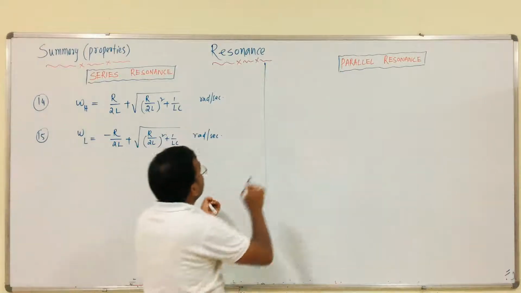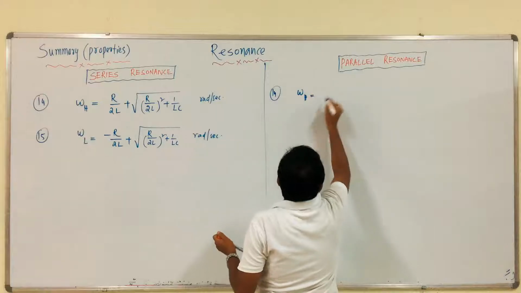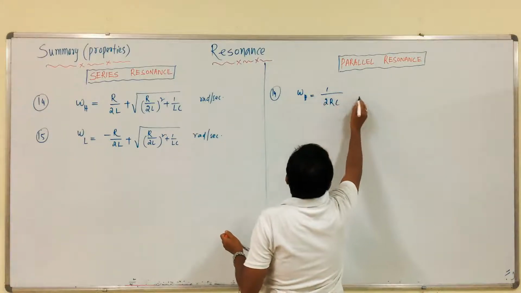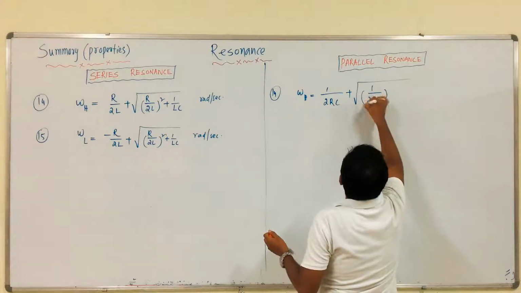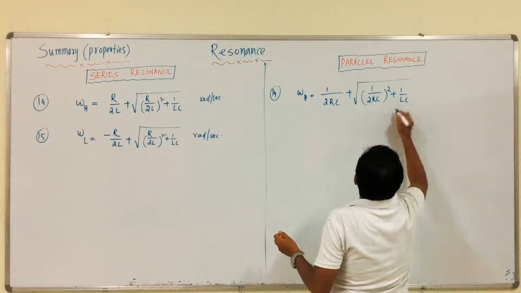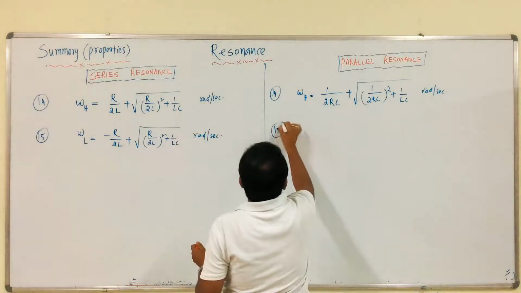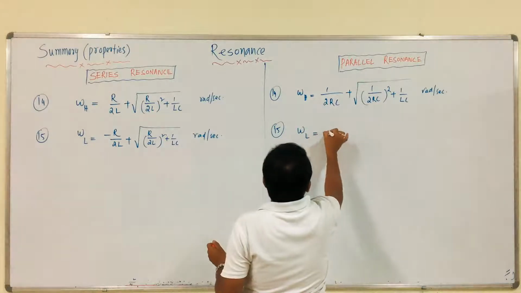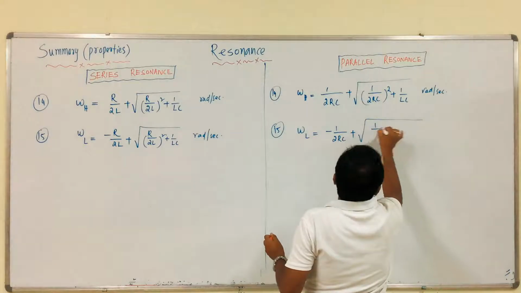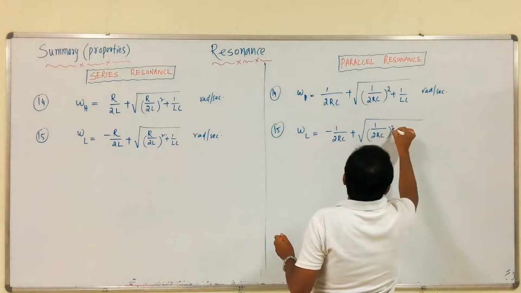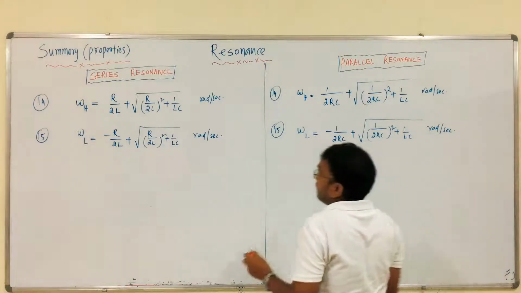Coming to this 14th observation, here also we have 1 by 2RC plus square root of (1 by 2RC) whole square plus 1 by LC radians per second. Like that, 15th one, lower cutoff frequency, minus 1 by 2RC plus square root of (1 by 2RC) whole square plus 1 by LC radians per second. Clear?